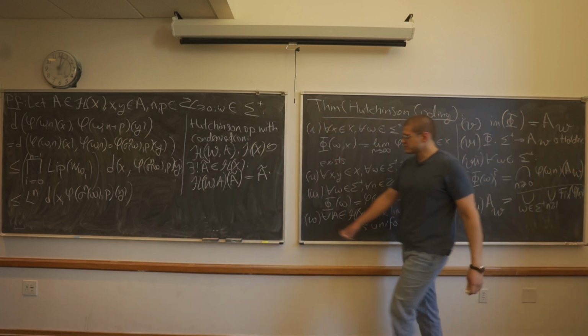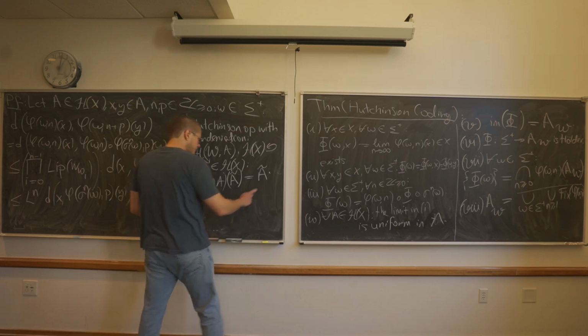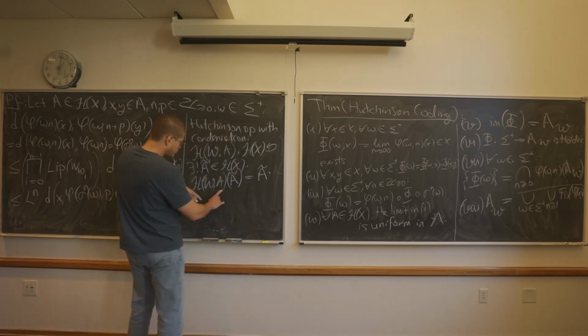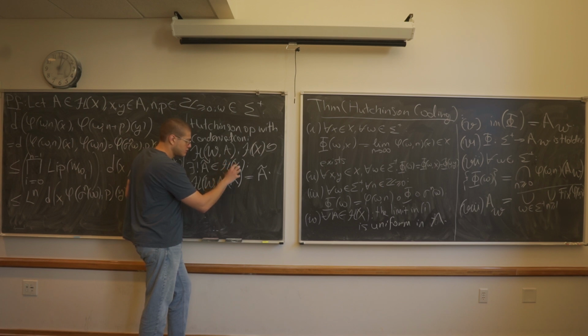Now, what is this Hutchinson operator with condensation applied to A tilde? So I can open it up. What you're going to do is take every single contraction in W, apply them to A tilde, take the union, and then take the union of that end result with A as well.